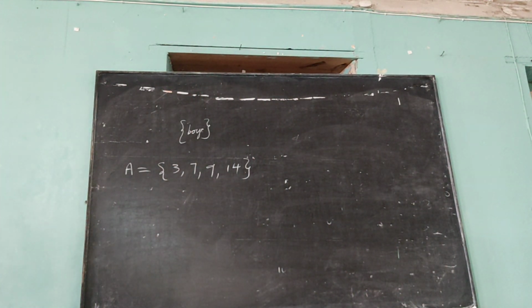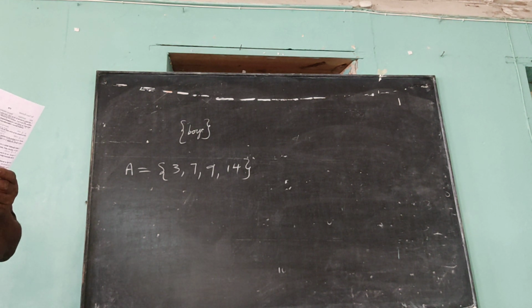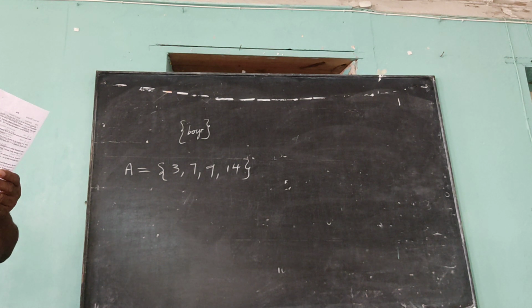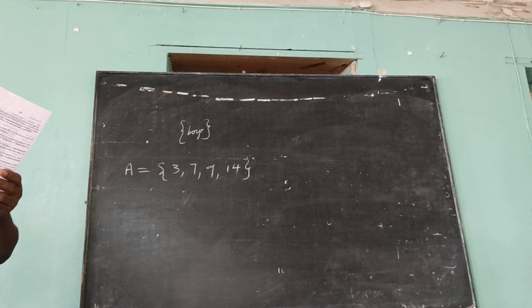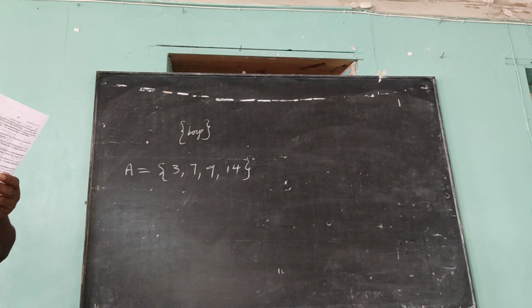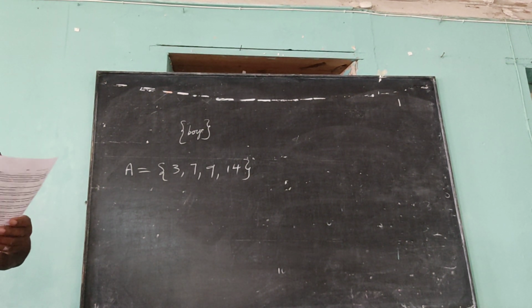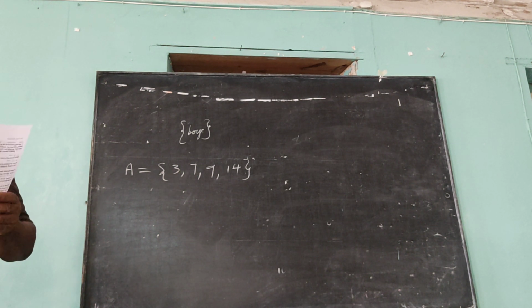When two sets are equal, it means they have the same members. So you see in the example, set A equals the set 3, 9, and 14, and set B is the set 3, 9, and 14. They have exactly the same members, so they are equal, right?